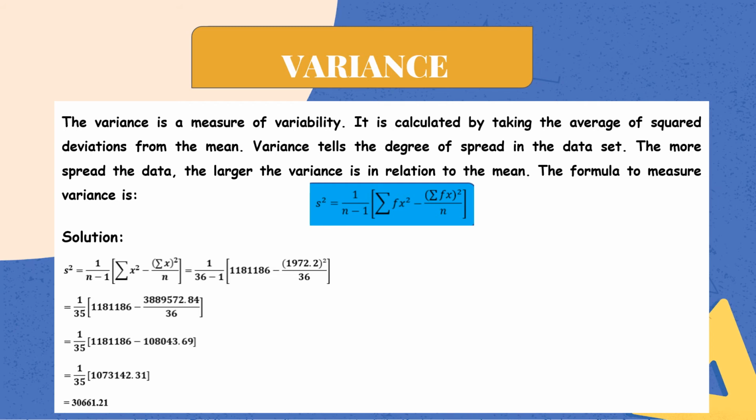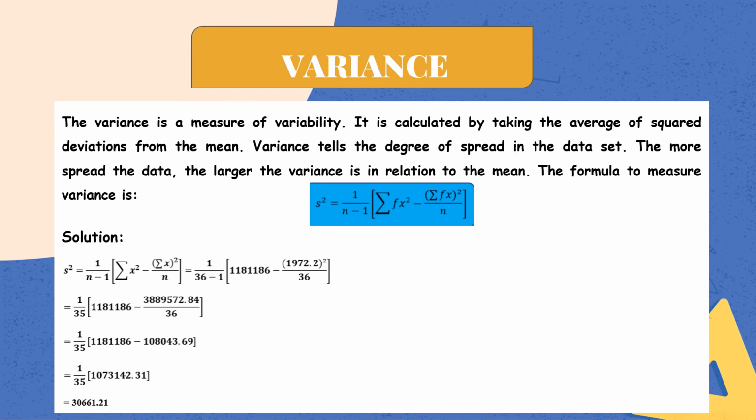s power of 2 equals 1 divided by 36 minus 1, in a bracket 11811x6 minus, in a bracket, 1972.2 power of 2 divided by 36. The second step is 1 divided by 35, in a bracket 11811x6 minus 3889572.88 divided by 36.